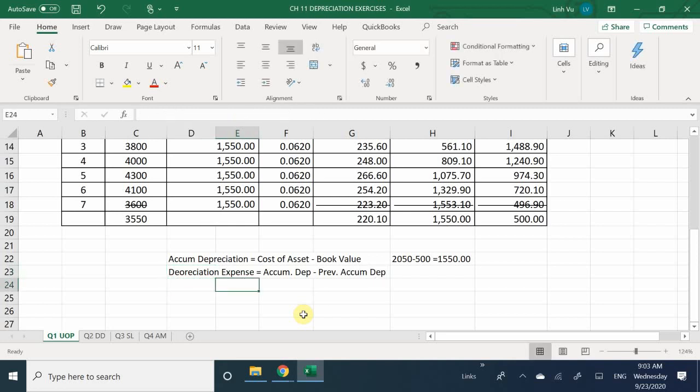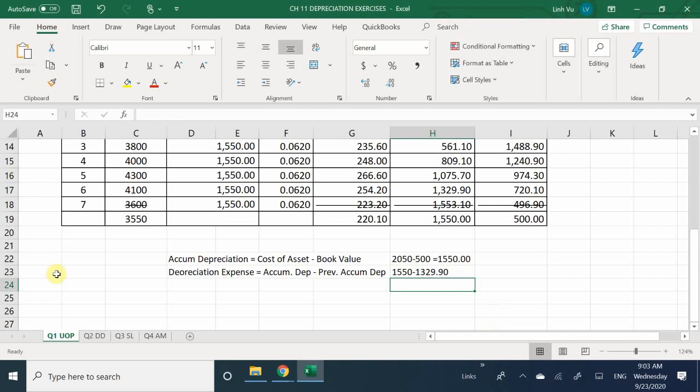And in this case, we know what our accumulated depreciation is, and we know our previous accumulated because we solved it going backwards. So in this case, that would be the 1550 minus the 1329.90, and you're going to get your 22010. Okay? That's solving it backwards.